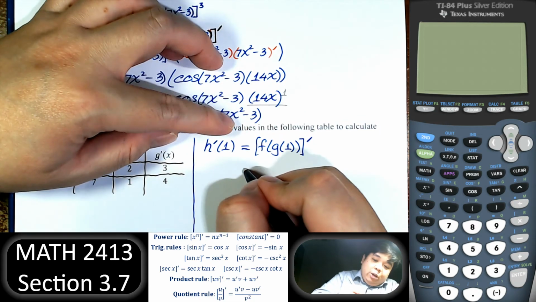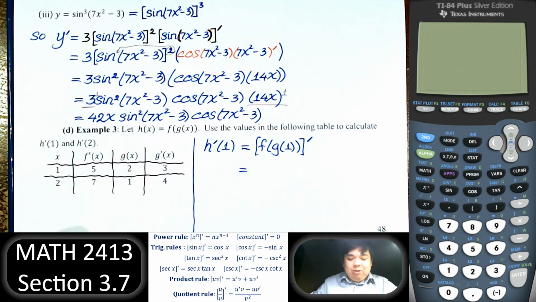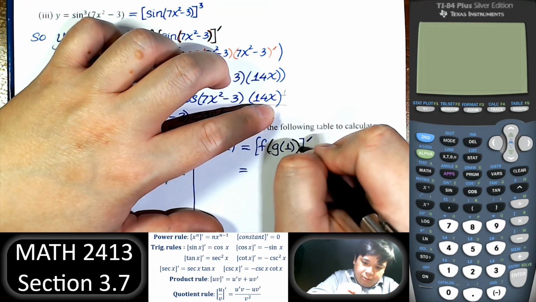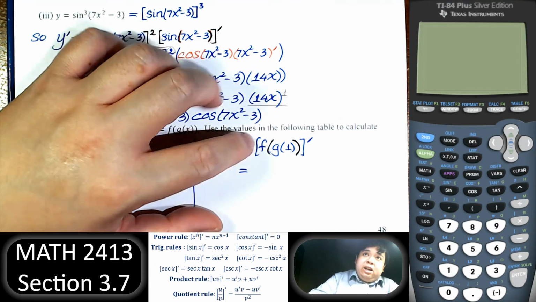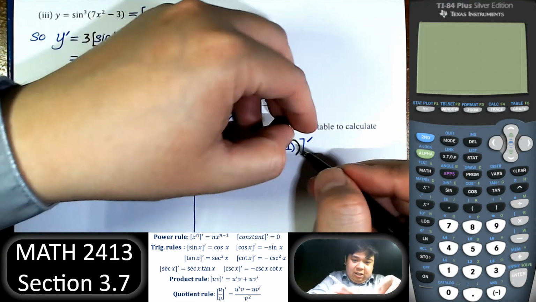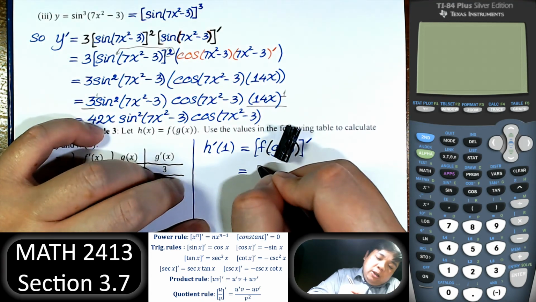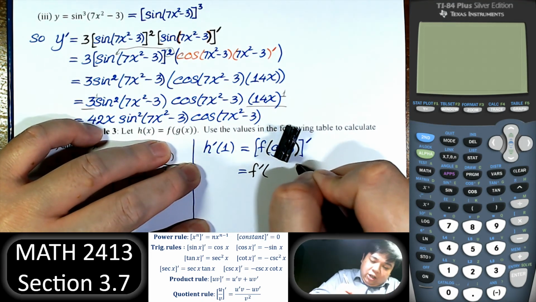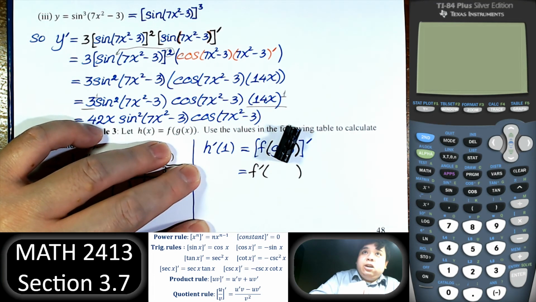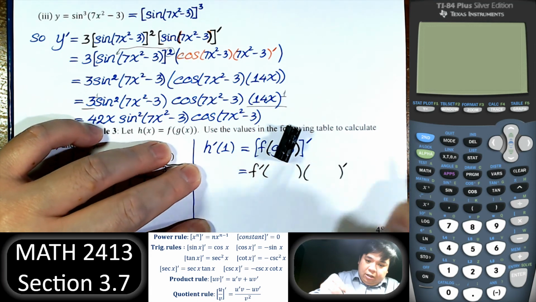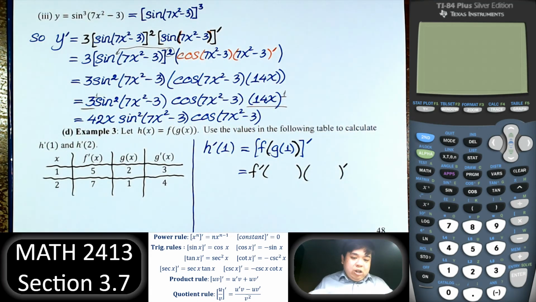The chain rule says we have to take the derivative of the function f, and then the derivative of the inside. Inside is going to be g of 1.